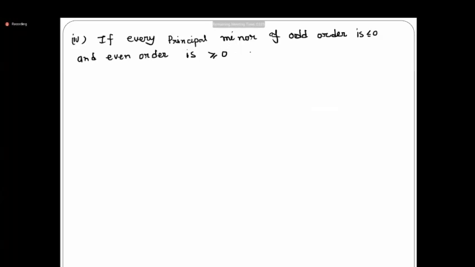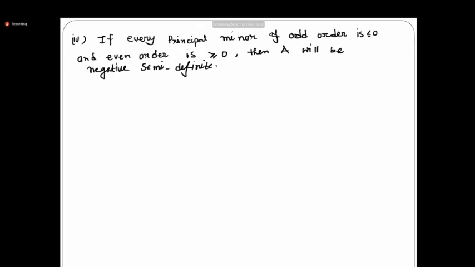Then A will be negative semi-definite. Is it okay now?